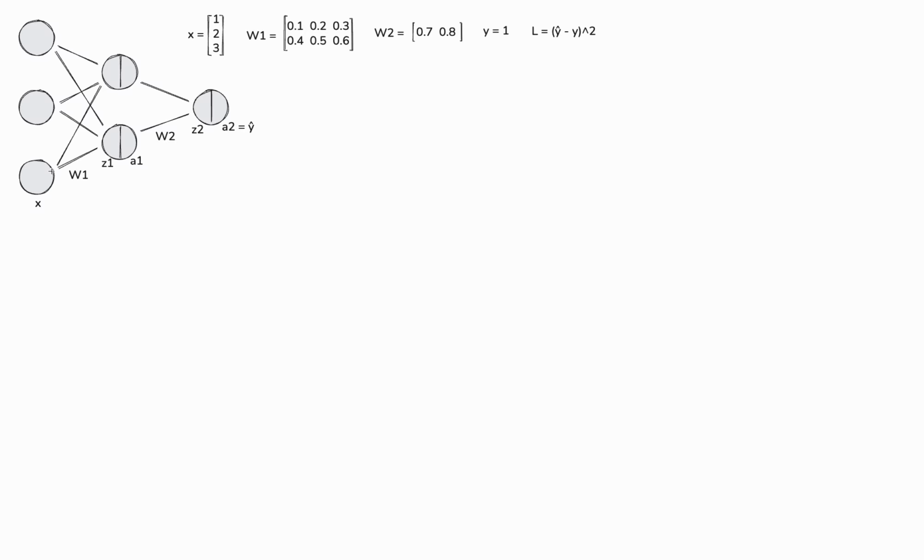X is mapped down into the hidden layer space by way of this W1 matrix, which are learnable parameters of the neural network. Similarly, over here, we map a two-dimensional space into one via this W2 set of weights.